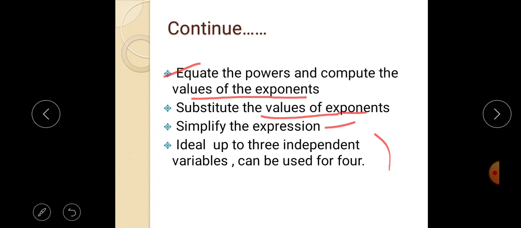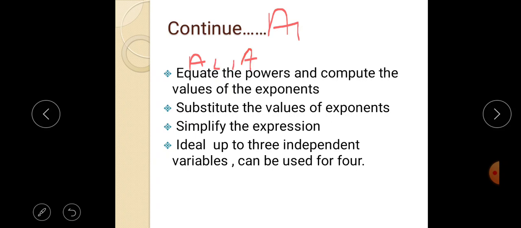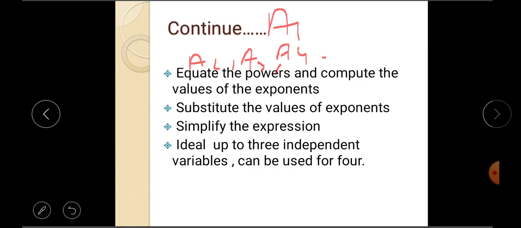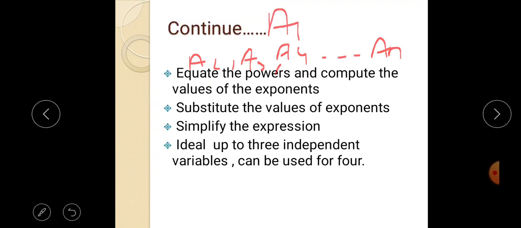Okay, so now I'll take an example to demonstrate what I have discussed. Let's suppose A1 is a dependent variable, and A2, A3, A4 and so on, An are independent variables in a phenomenon.